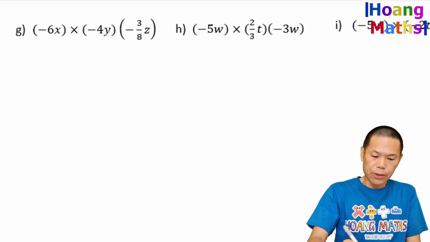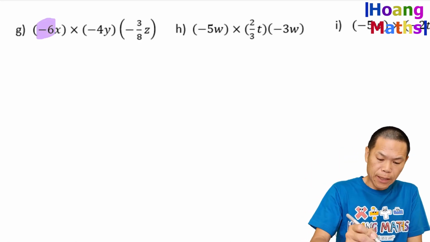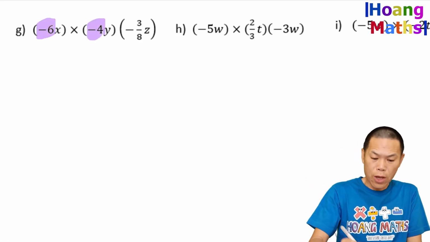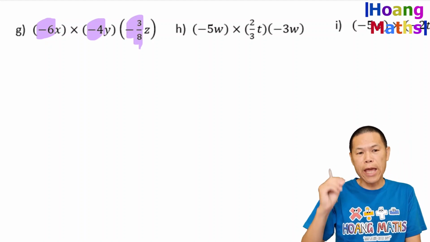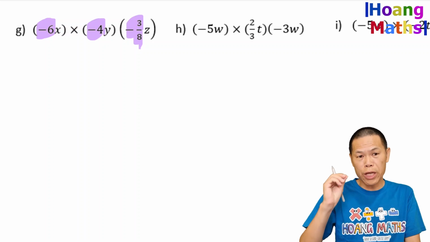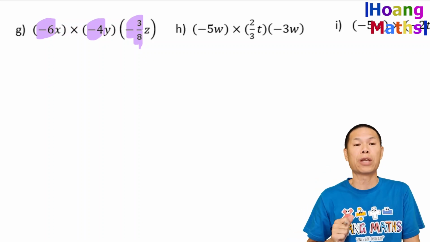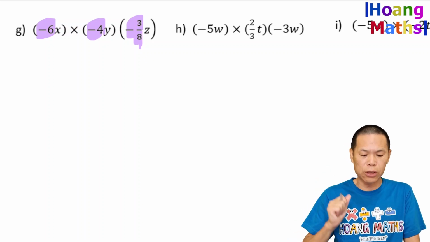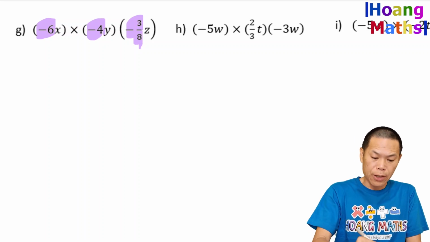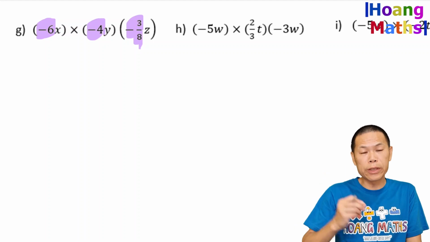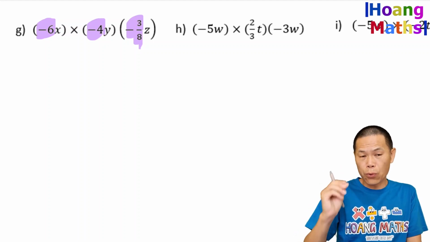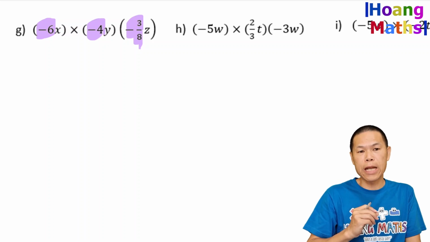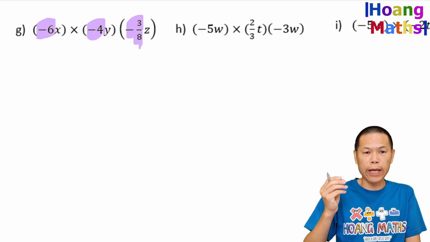Part G. So we have negative 6 times negative 4 times negative 3, divided by 8. The answer should be negative because 3 negative numbers timed together, an odd number of negatives, give us a negative answer. So now we just go 6 times 4 is 24. Then we divide by 8 will give me 3. And 3 times 3 is 9. Again, let me just put it on a calculator.